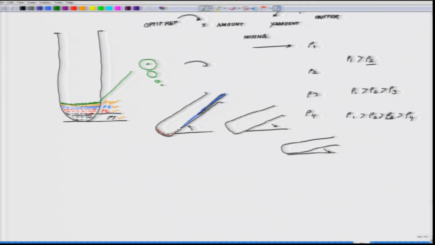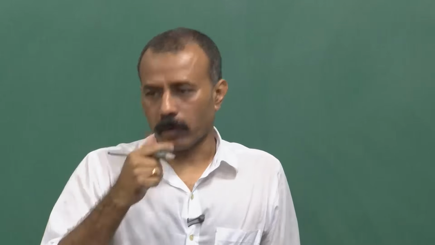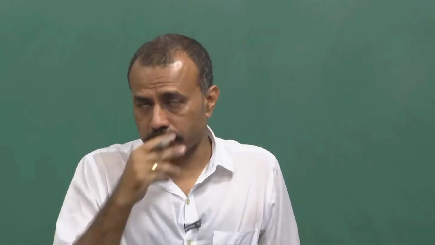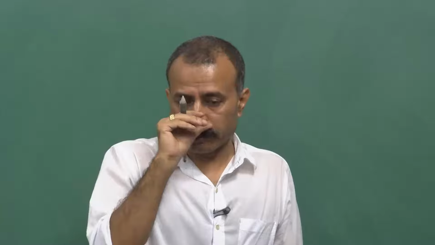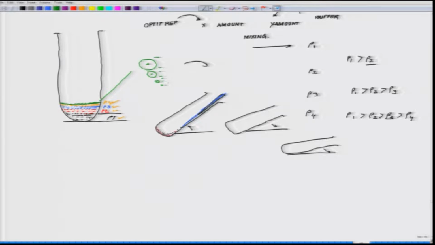Now, one more thing: I will not ask you to go and figure out the densities, but people over the years, almost the last 50-60 years since this technique has been around, have a fairly good idea about the respective densities where the cells will fit in. Now, you take this, you seal the lid of it and you spin it in a centrifuge.